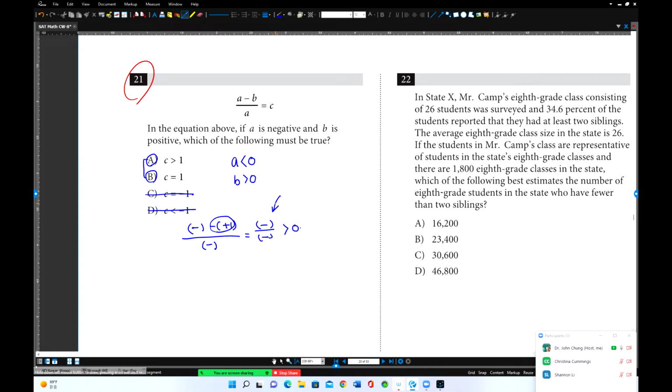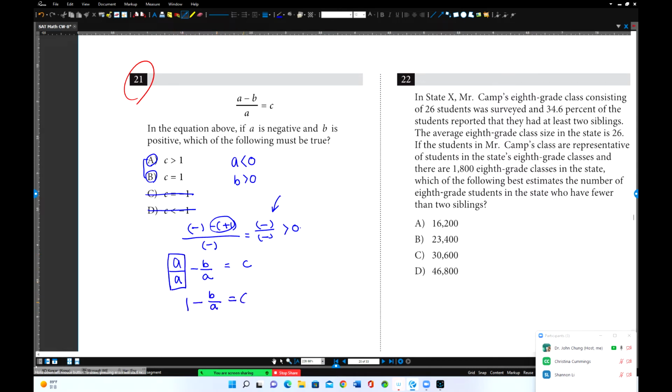How? We're going to split a minus b over a into a divided by a minus b divided by a. You can separate the fraction. This is just c. We know a over a is 1, and the next one is b over a.